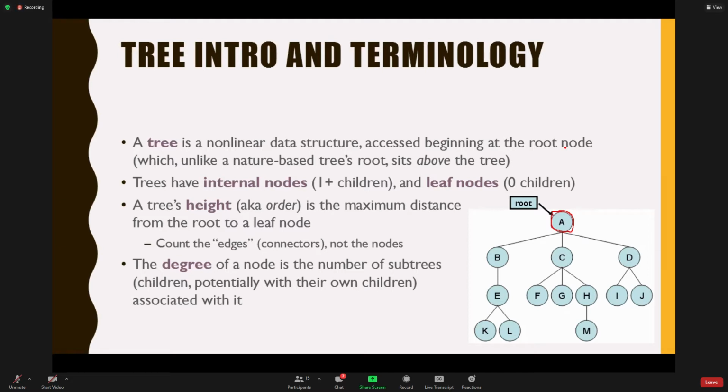Now, this is a tree where the tree is kind of backwards, or you can think of the tree actually representing the root system of the tree, not the tree itself, right? Because we think of it going down. So the root points to this first node here, and then that node can have children, right? Can have nodes below it. So that's one piece of terminology, is the root.